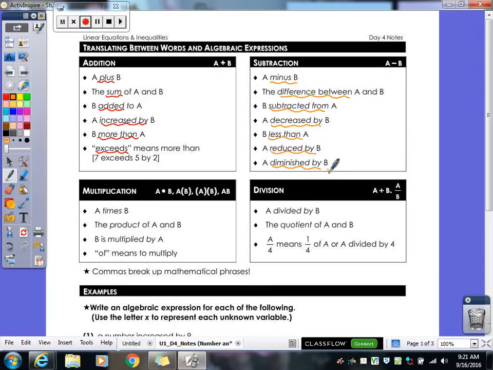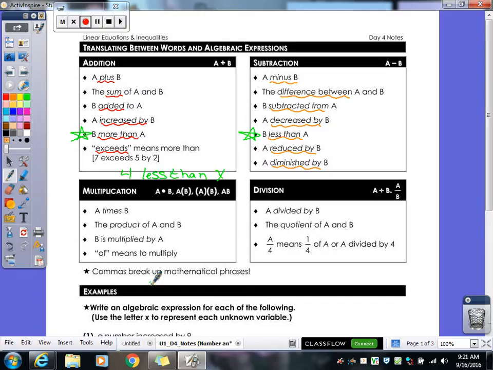Now, I always like to put a little star next to more than and less than. When you see those words, you need to flip the order of what you're dealing with. Like they say that it's 4 less than x.